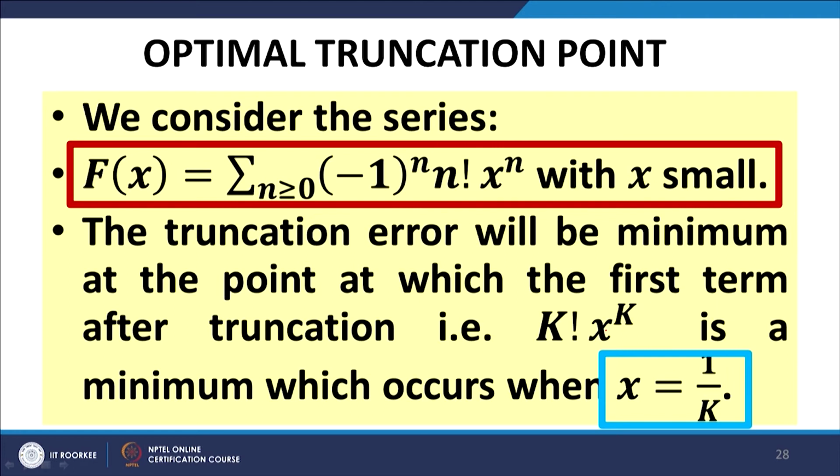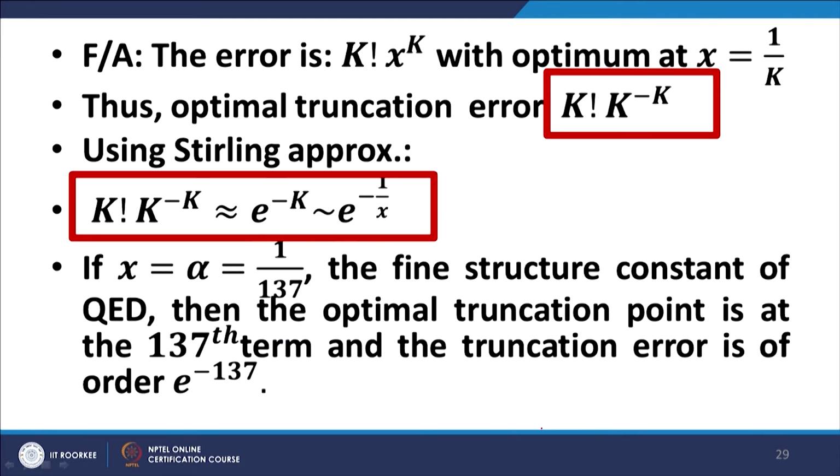So, we have to minimize this particular term, k factorial x to the power k, and the minimization condition occurs at x equal to 1 upon k. In other words, x equal to 1 upon k gives the optimal truncation point, and the truncation error is given by k factorial k to the power minus k, obtained by substituting x equal to 1 by k in this expression.